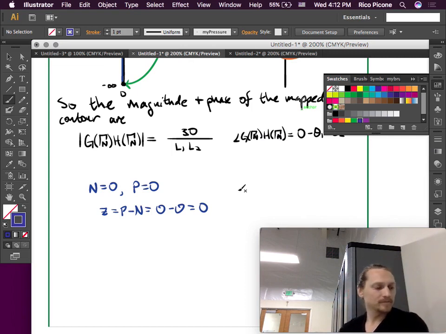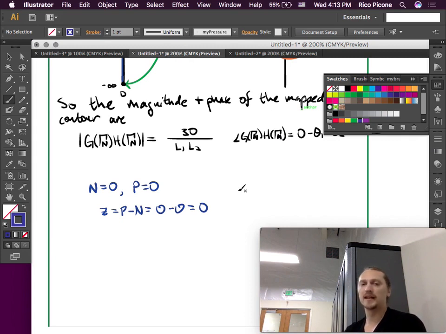Yeah. What was the condition for stability? So Z is the number of closed loop poles in the right half plane. Yeah, and so one of the ways you can think of this as a design tool is the number of them in the right half plane.